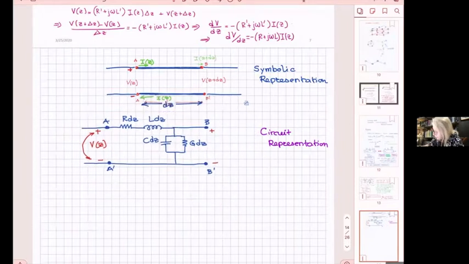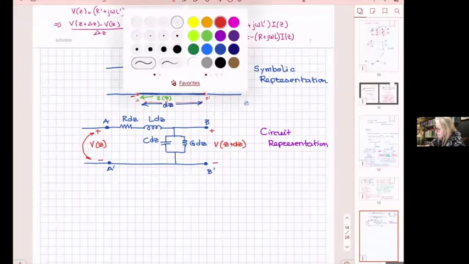The voltage here will be V of Z plus dZ. Okay, so now we have incorporated the dimensions both in the elements of this equivalent circuit and also in the voltage. And we'll do the same thing with the current.